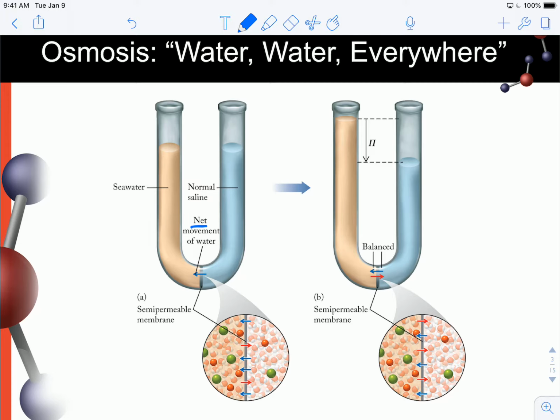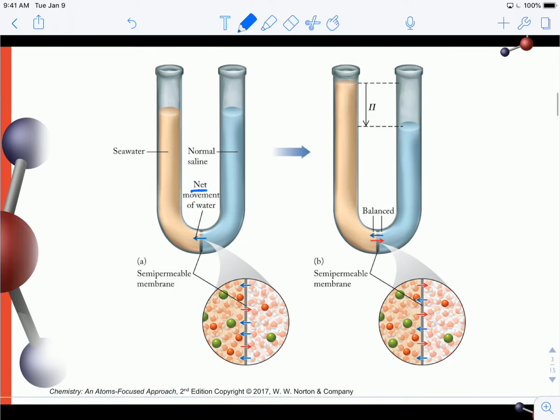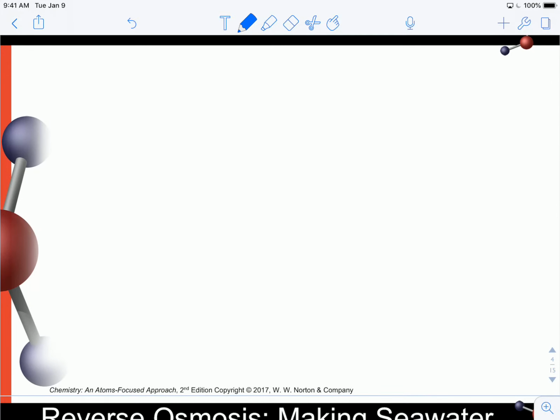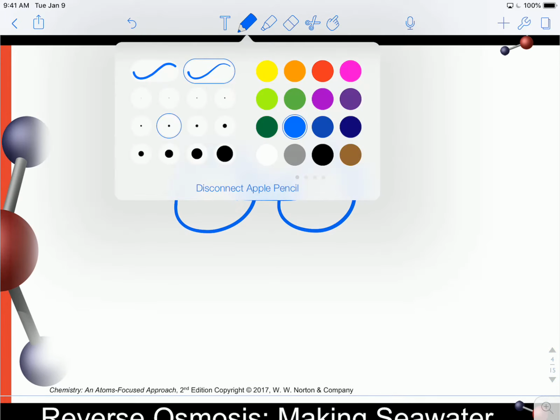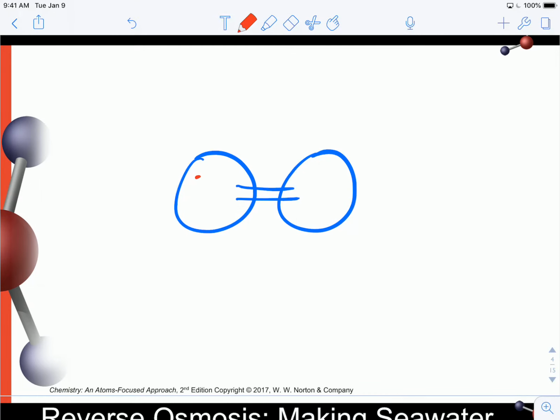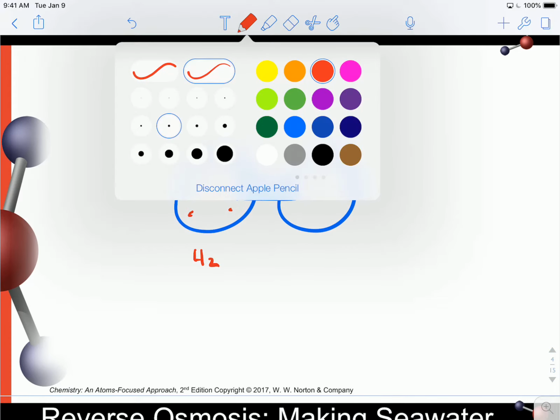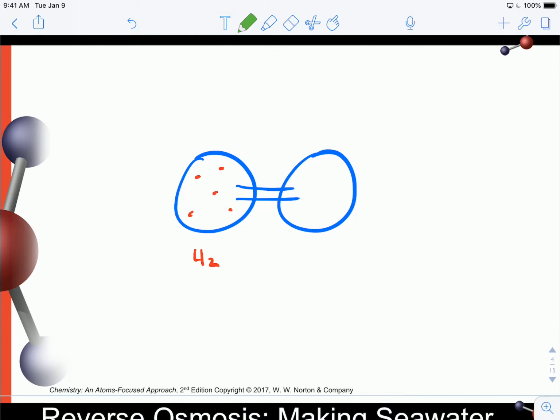And it really is just a statistical process. You can imagine me having 2 cylinders of gas connected by a port. On the left, let's just say I have hydrogen gas, and I have very few hydrogen gas molecules. And on the right, let's just say I have oxygen gas molecules. Let's say I have a lot more oxygen.